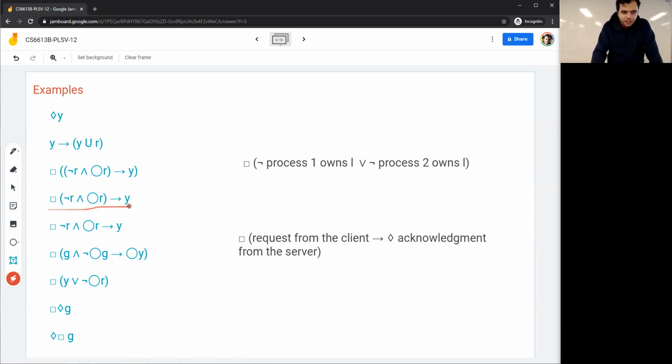Okay, but what does this one mean? Now I'm just removing one of the parentheses, just to show you how important it is to put parentheses. Yes, actually, it's really hard to put it into words.